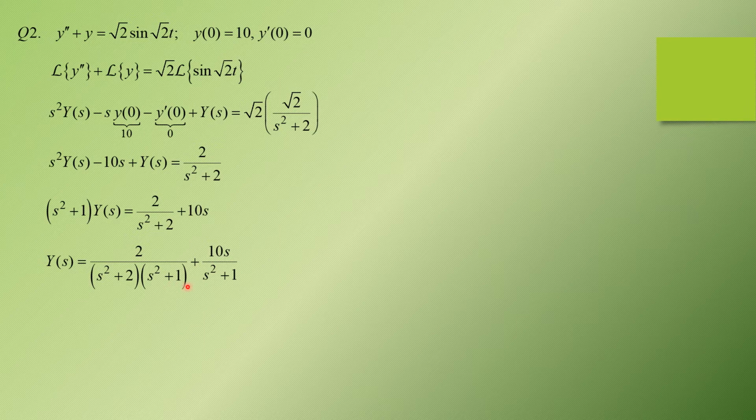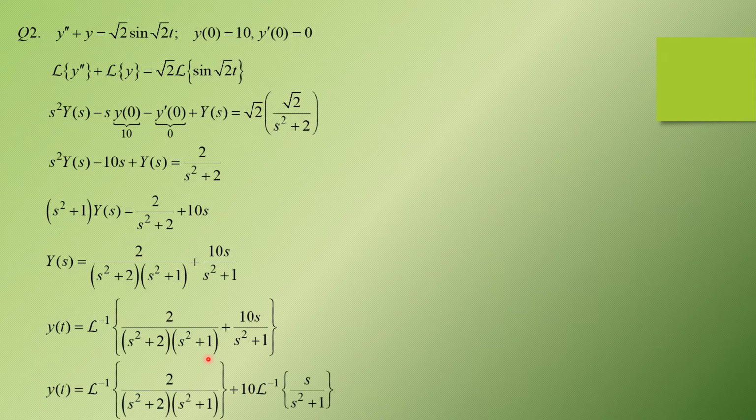Our aim is to find the solution y in terms of t, not Y(s). So to get y in terms of t, we need to get the inverse of Y(s), the inverse of all of this. How to determine the inverse of this function? We already learned this in chapter 6.2, finding the inverse of functions.